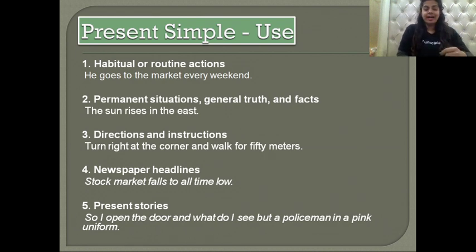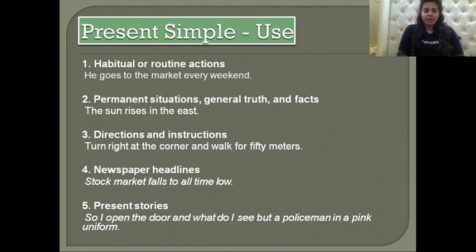All these directions and instructions are in simple present tense. Generally, when we read newspapers, we come across different headlines and subheadings. Most of the time they are in simple present tense, such as stock market falls to all-time low. This is one headline which is written in simple present tense.